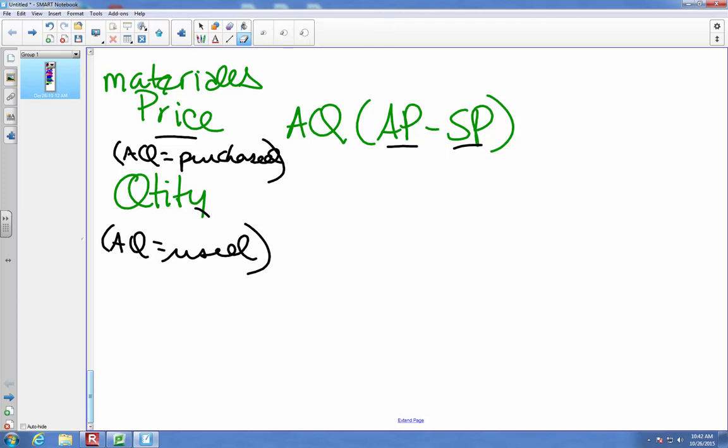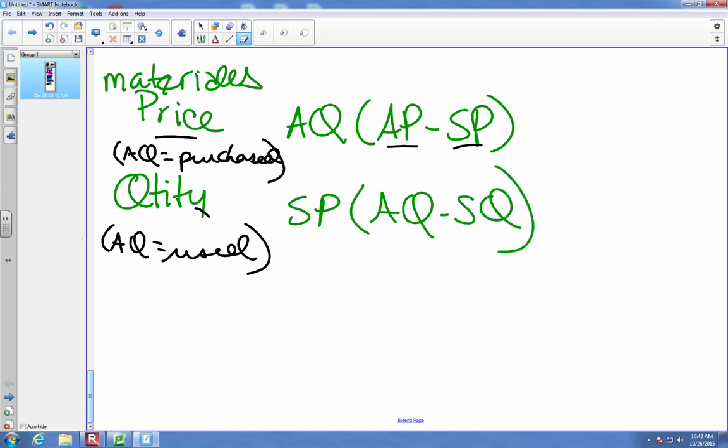Okay, so then your quantity variance, you're going to isolate your quantity in the parentheses because that's the name of the variance, and that's how I remember. So whatever the name of the variance is, that's what goes in the parentheses.